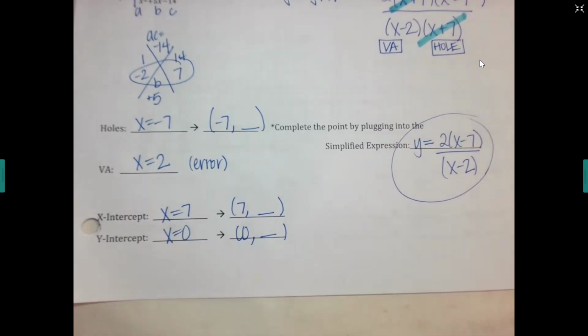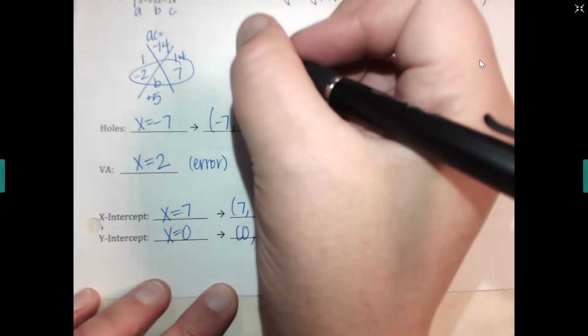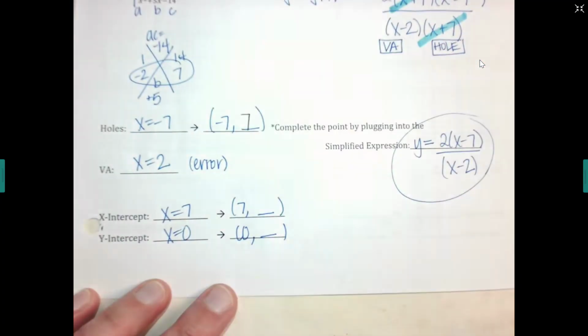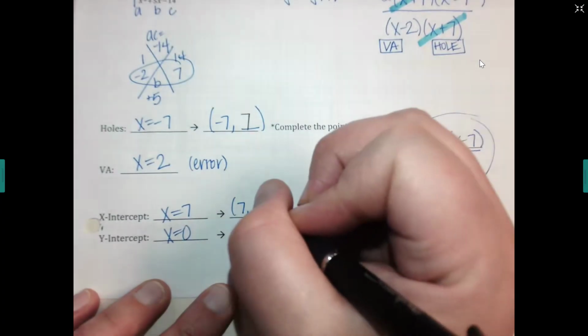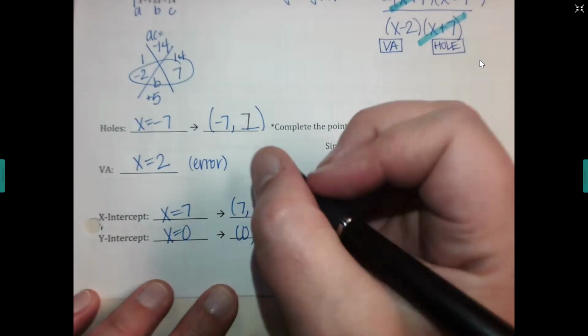All right, can y'all just give me the answers? What was -7's partner? It was 7. Okay, what was +7's partner?